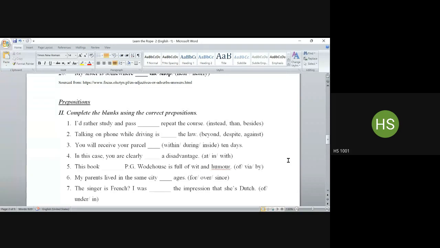What does it mean? Location, place. Can you define that? Inside. That means something with a boundary, right? You use in usually when you have to show an enclosed space or a boundary.